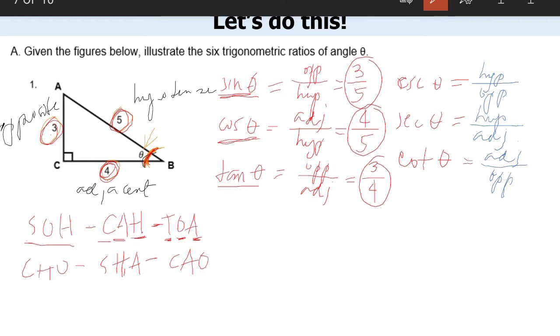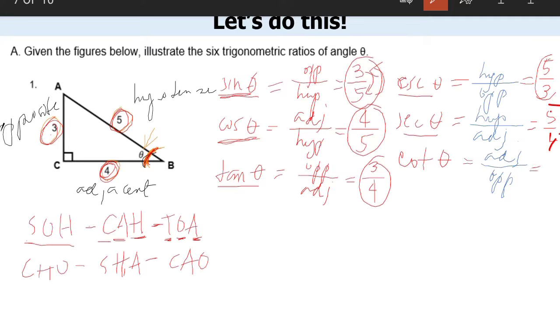So easy as that. After you get all the basic trigonometric ratios, you will just interchange the numerator and the denominator. So 3 will become the denominator and 5 will become the numerator. So we have here 5 over 3. So your cosecant theta is 5 over 3. Your secant theta is 5 over 4.